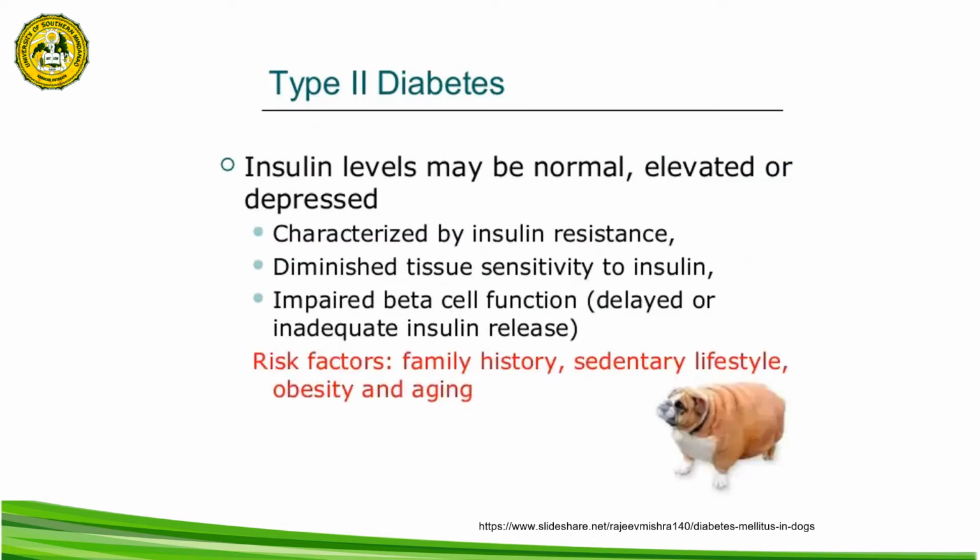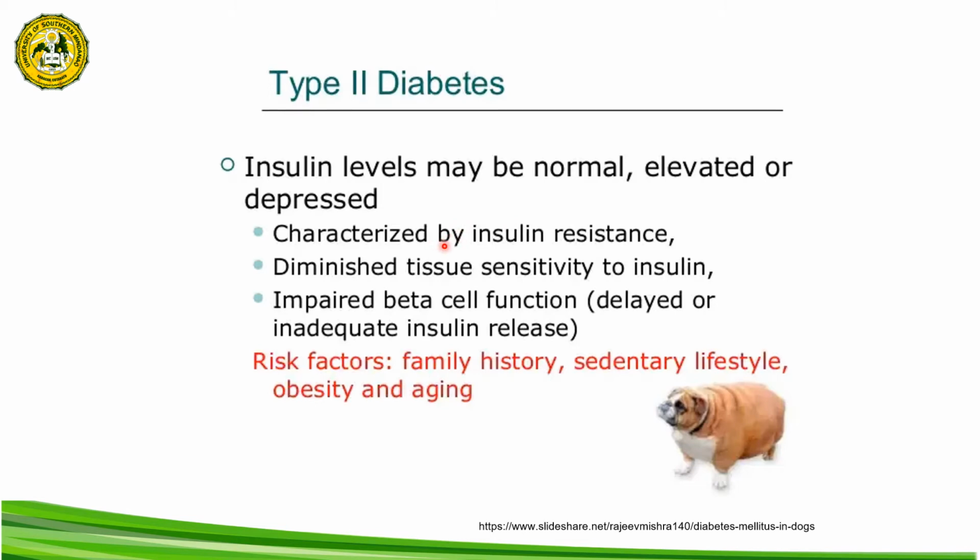For type 2 diabetes, the insulin levels may be normal, elevated, or depressed. This is characterized by insulin resistance. In insulin resistance, the cells do not respond to the presence of insulin, so the glucose stays in the blood.